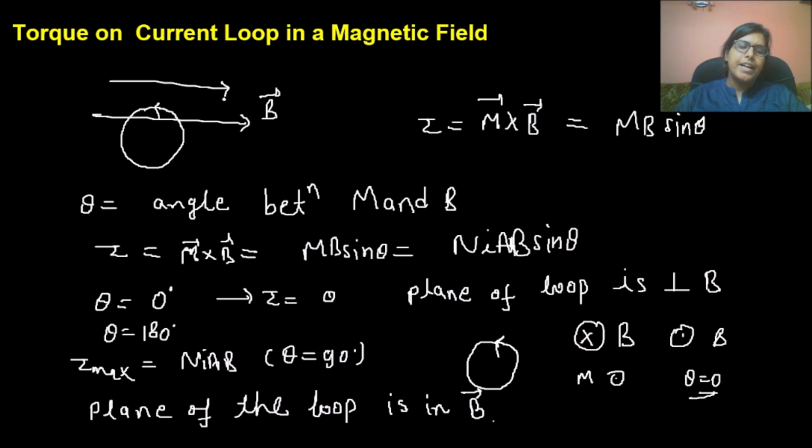Like here, the magnetic field direction is in this direction and this loop lies in this magnetic field, right? So the direction of M will be here outside the paper, and the direction of the magnetic field is here in this direction, so the angle will be 90 degree here. So the torque will be maximum in this condition.